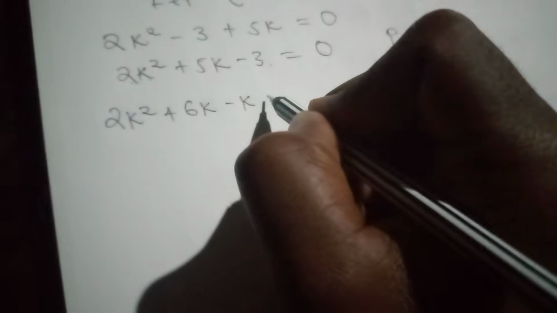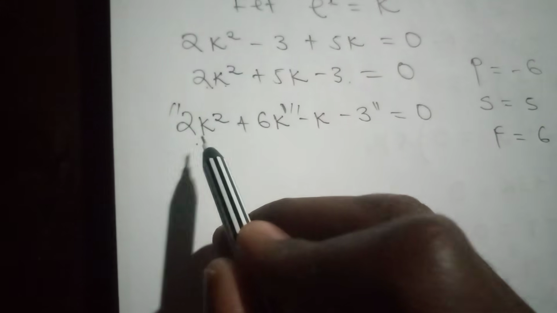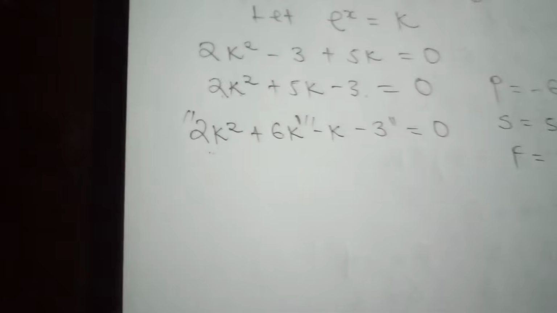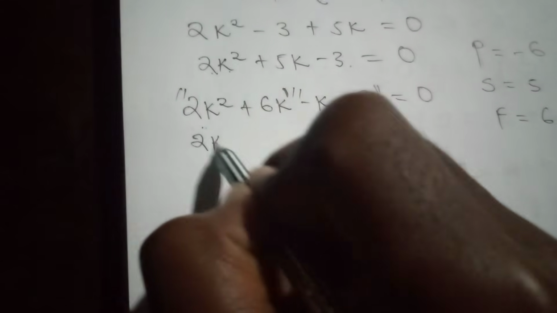So I'm going to replace on the equation, that is 2k squared plus 6k minus k minus 3 is equal to 0. From there, I have to factorize. What is common between those two? The thing that is common is 2 and k. So I'm going to write 2k.